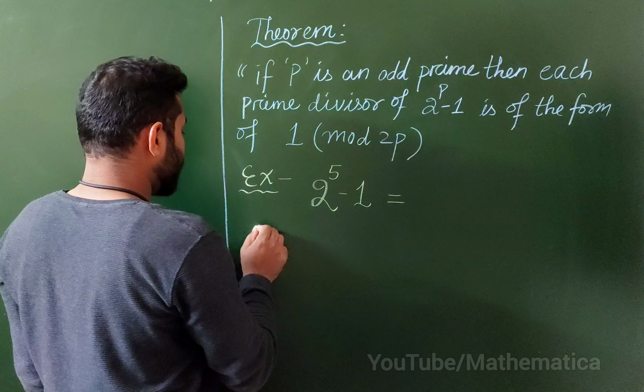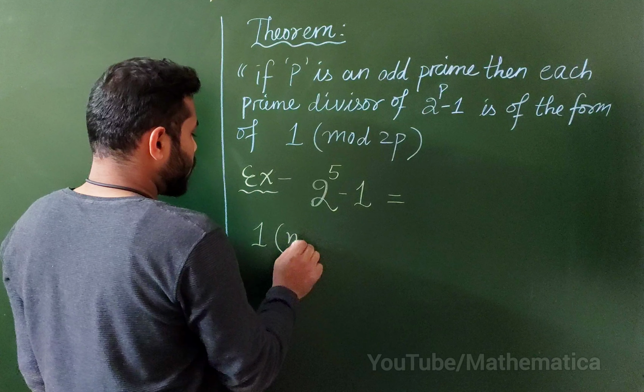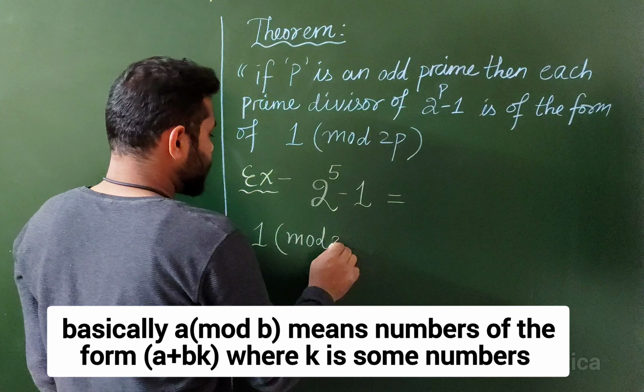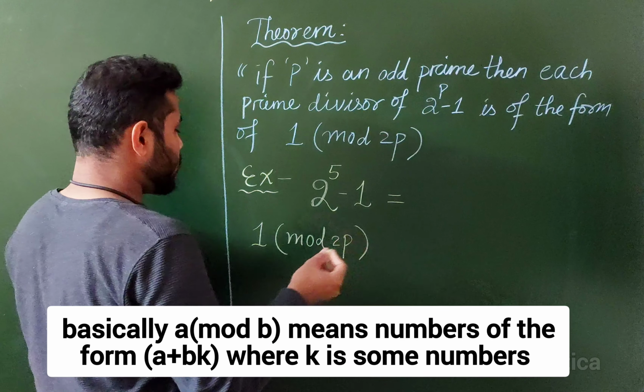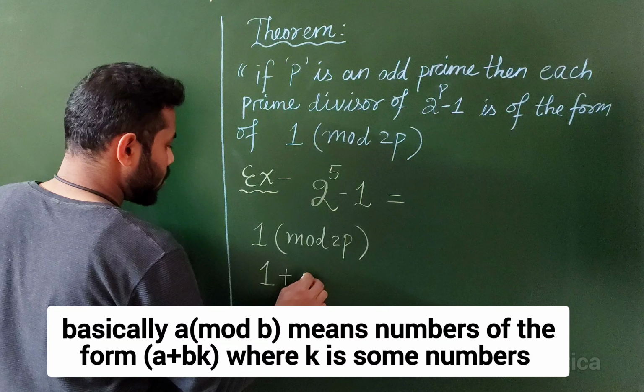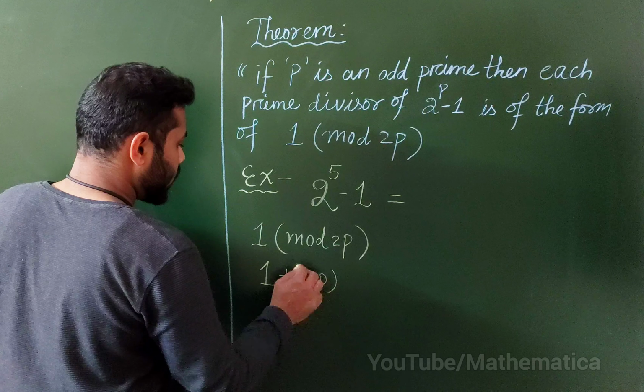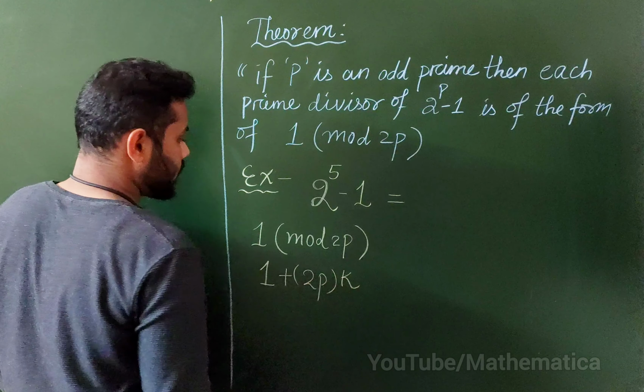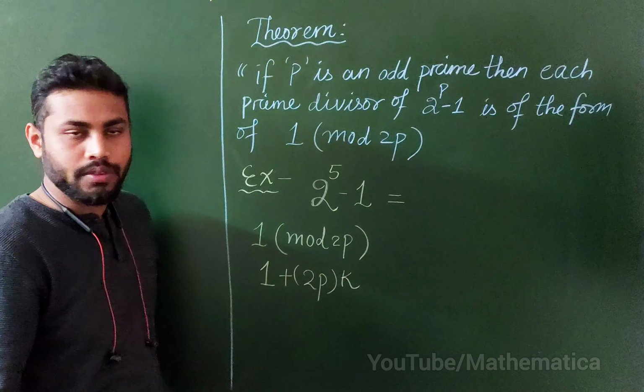For those who don't know, 1 mod 2p means numbers of the form 1 plus 2p times k, where k is some multiple.